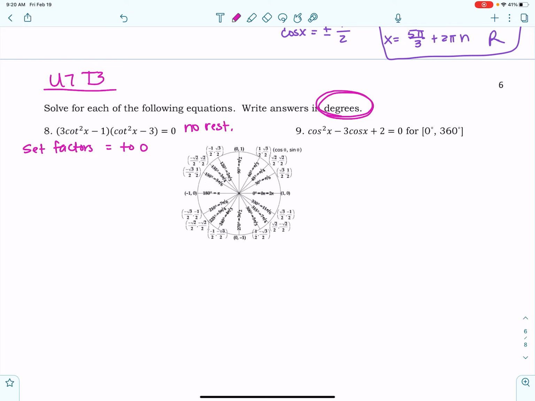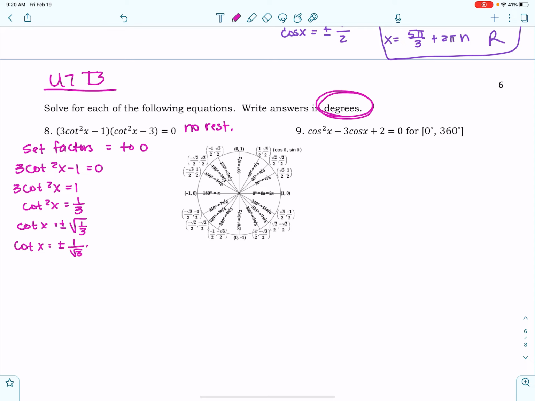I am going to set this first factor equal to 0 and isolate cotangent x. I'm going to start by adding 1 to both sides, then divide both sides by 3, and then take the square root. So plus or minus the square root of 1/3. I'm going to have to rationalize the denominator again. So I've got plus or minus the square root of 3 over 3.